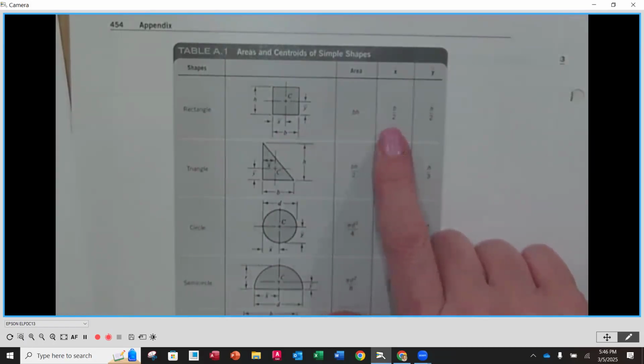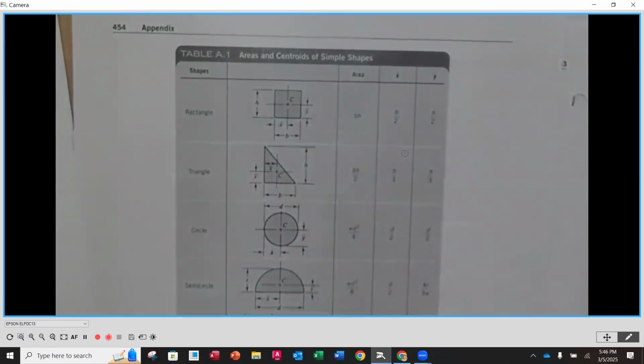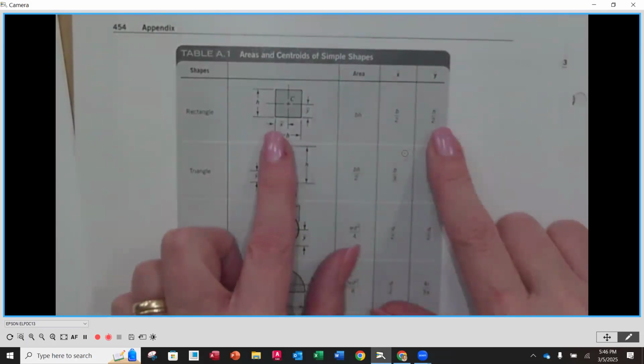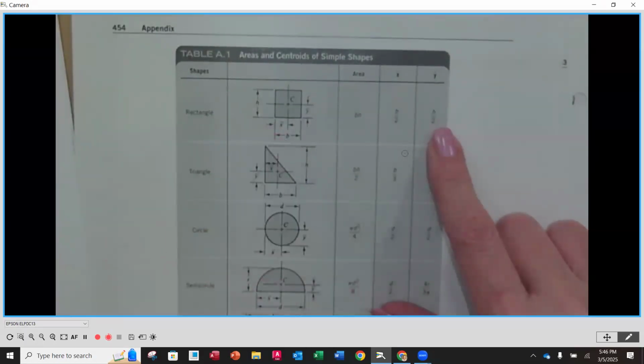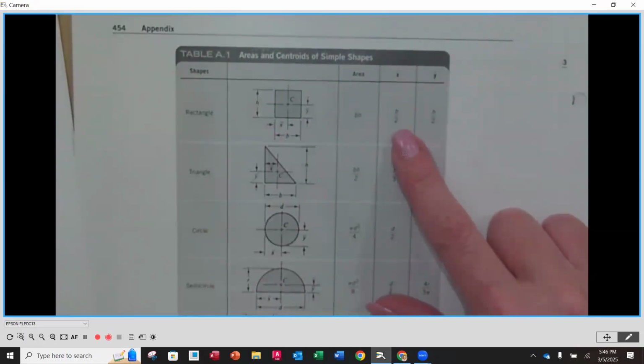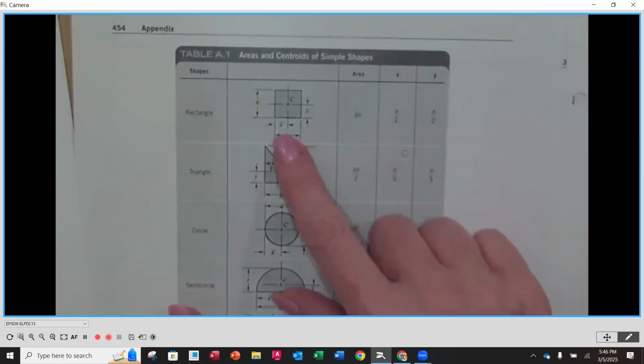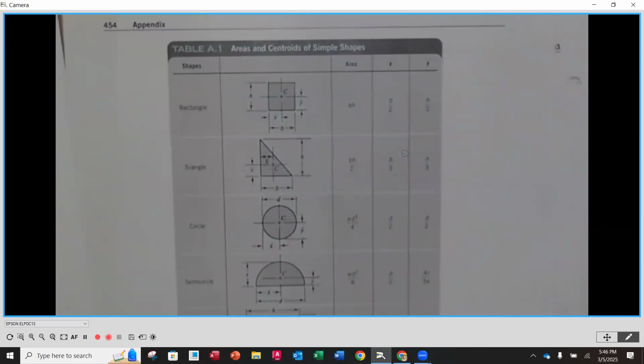And then X bar and Y bar are going to be the locations horizontally and vertically from a known side or axis that it identifies in the shape. In this case, X bar is going to be the base, which is that horizontal distance, divided by 2. So half of the base is going to be where X bar is.